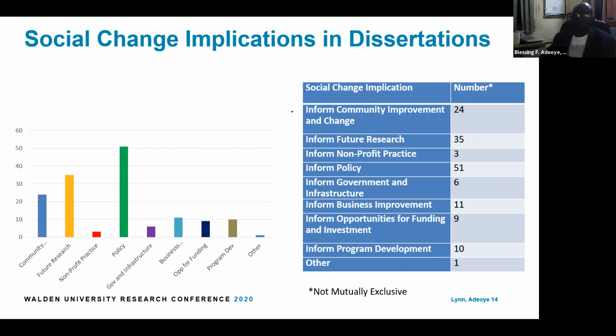Well, I believe you have mentioned those things that are very critical here, but one thing I have to mention one more time is community improvement and social change. This happens to be critical in most of the studies that we see, and it's still going to continue because there's a lot of emphasis on that.